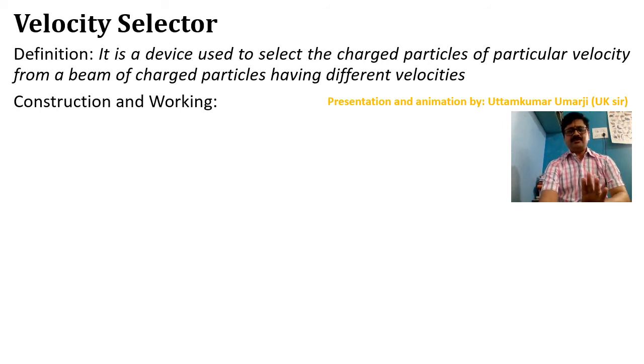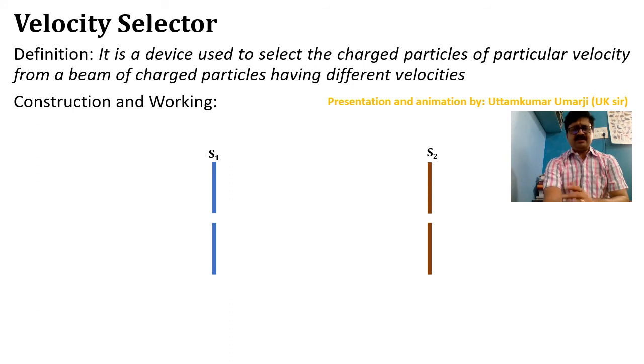The construction of the velocity selector is very simple. It contains two slits, S1 and S2, as shown on the screen here. A slit implies an aperture, a tiny gap, so that through this gap the charged particles can enter under a particular restriction.